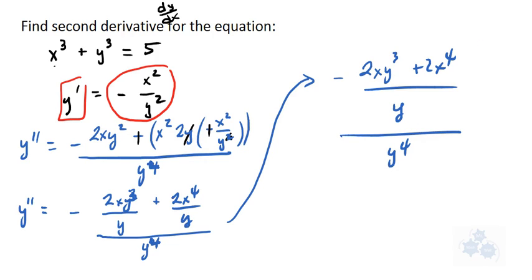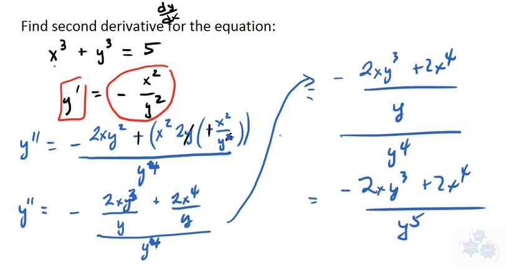And when you have this over y to the fourth, you can write this as negative 2x y cubed plus 2x to the fourth all over y to the fifth. And we'll make sure that negative is out front, right? Okay?